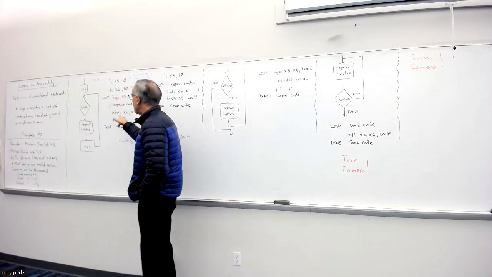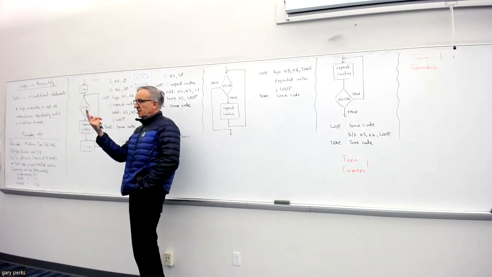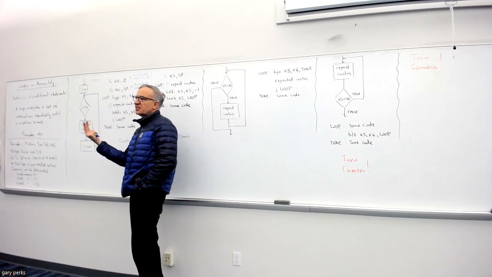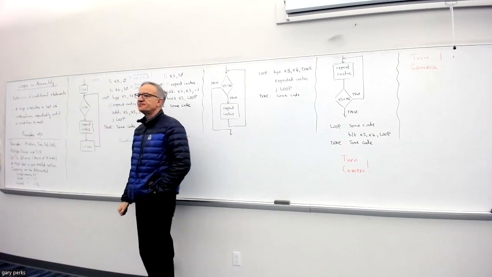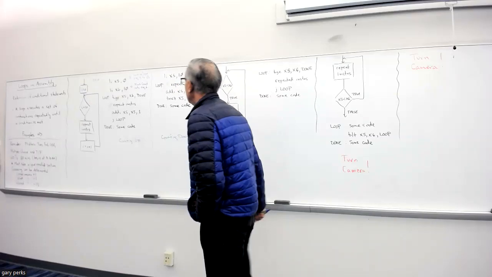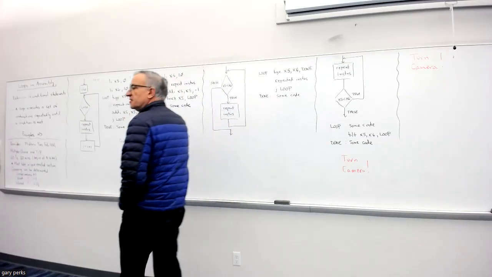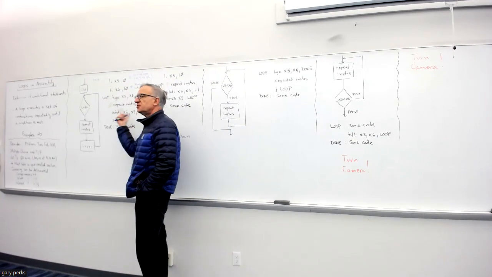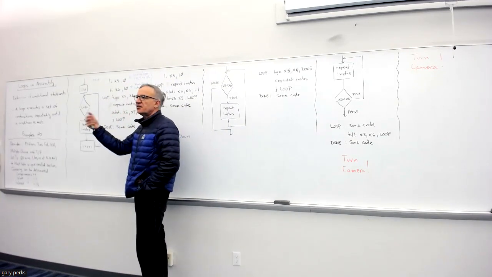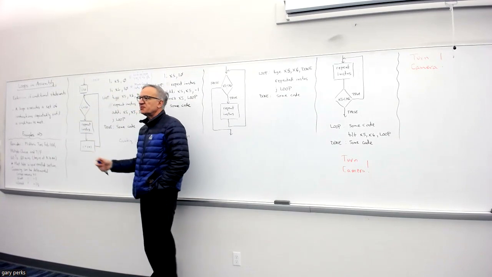So I guess that's the advantage of using the ADDI. You can do it in one instruction instead of two. But that was a good question. If somebody in this class did use the subtract, even though it required another instruction, it would still be acceptable.